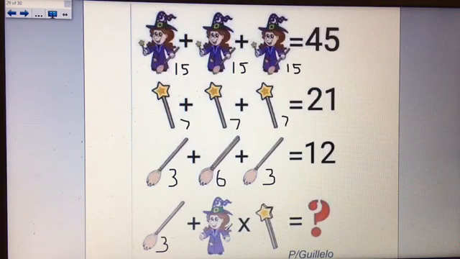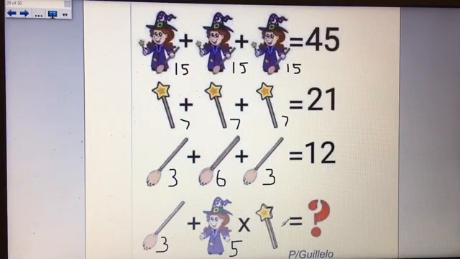Now, the little wizard woman. If you look carefully in this photograph, she does not have a broomstick and she does not have a star. In this one, she's got a broomstick and a star, which makes 15. So if you take away the broomstick and the star, broomstick is 3, star is 7, little wizard woman is 5. Now, if you look very carefully, there are 2 stars.